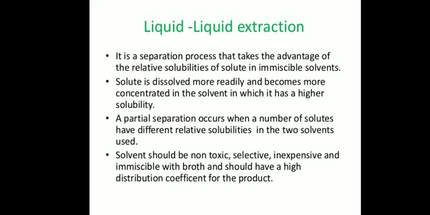It is very important to check some of the properties of the solvents so that they will not affect the product quality. Here the solute is your product, and it is very important to maintain the product quality and quantity during the separation and purification process.